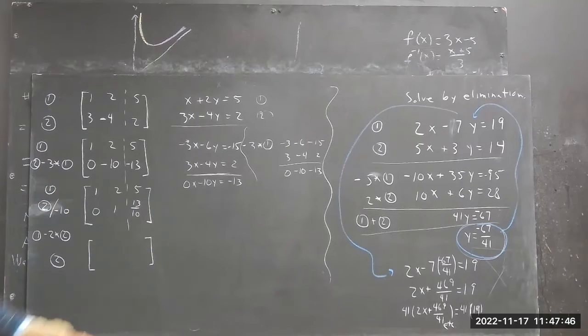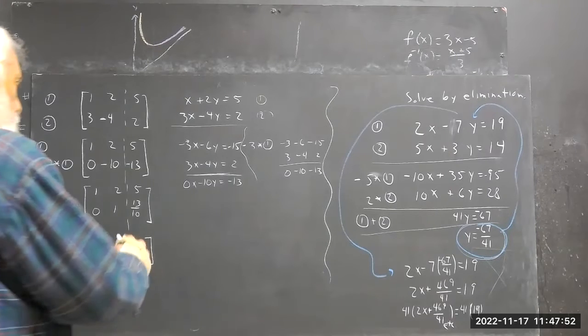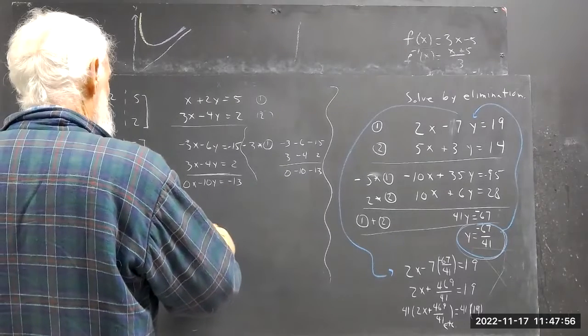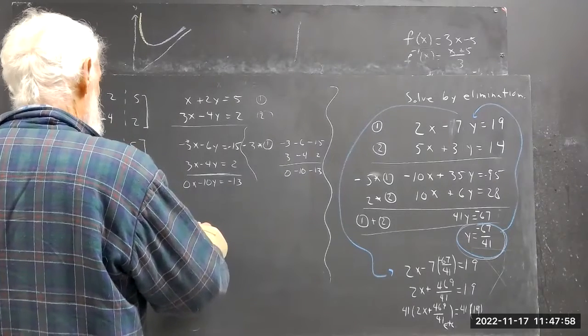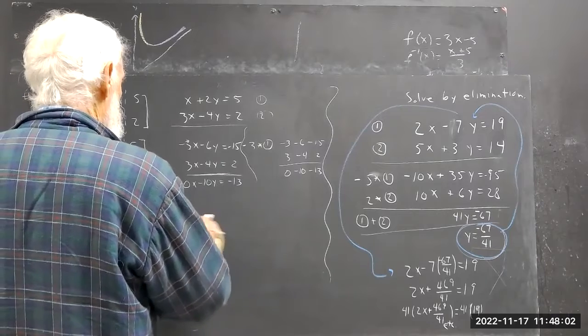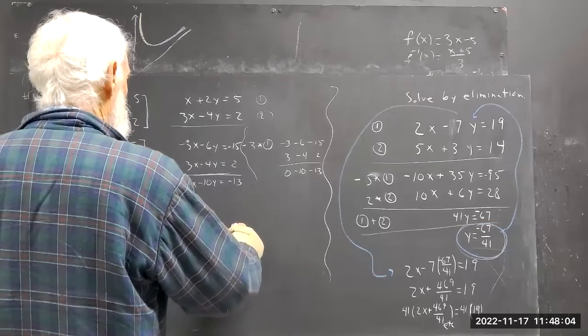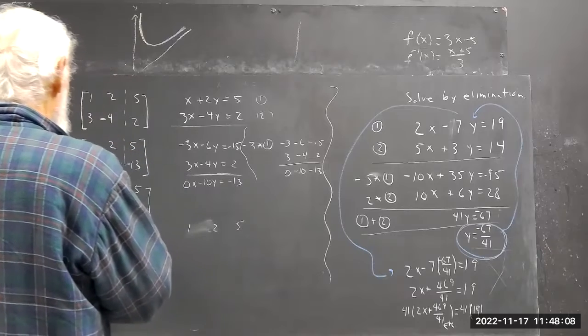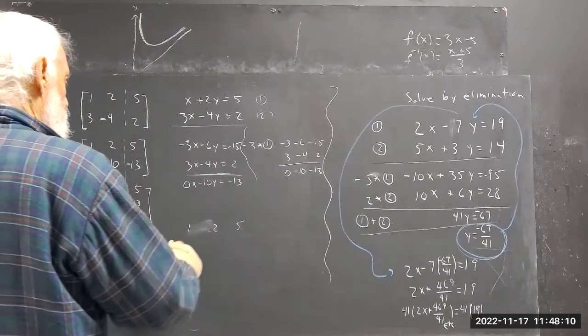I could write it out over here. Maybe not a bad idea to do that. I'm just going to do row 1 minus 2 times row 2. Row 1 is 1, 2, 5. Row 2 is 0, 1, 13 tenths.